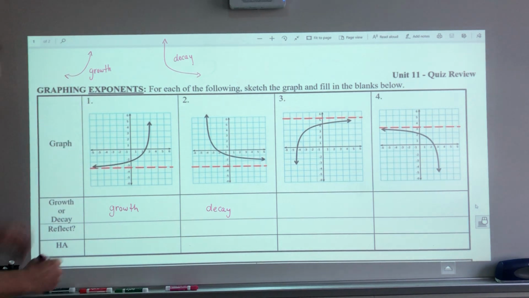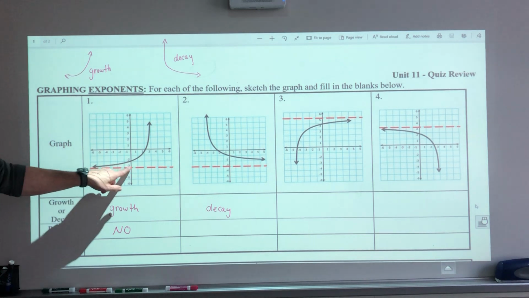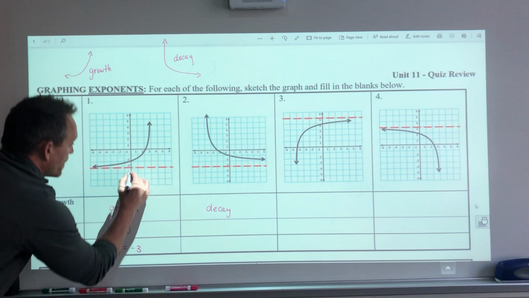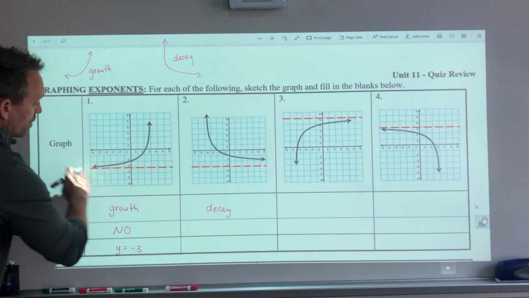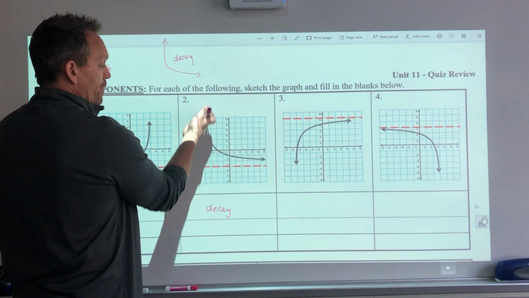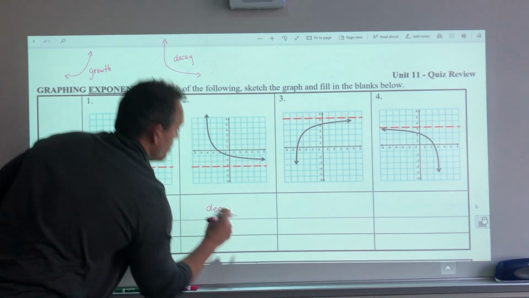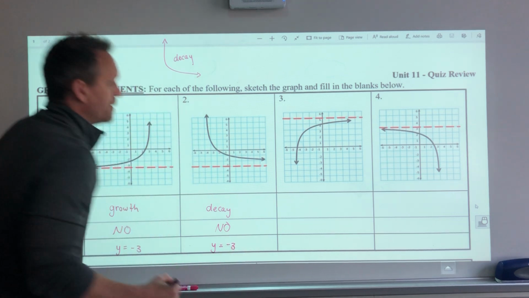Has this been reflected? No. Where's my horizontal asymptote? y equals -3, because each one of those points, y equals -3. This is decay, going from left to right, going down. Has it been reflected? No. Horizontal asymptote, y equals -3.